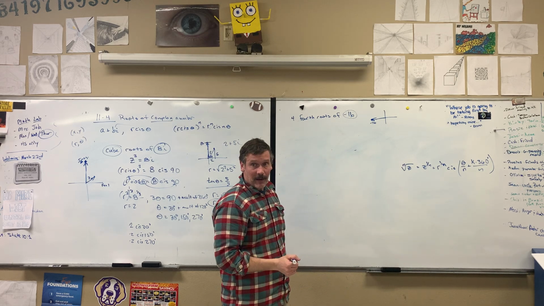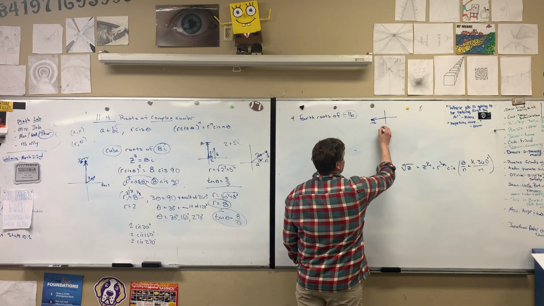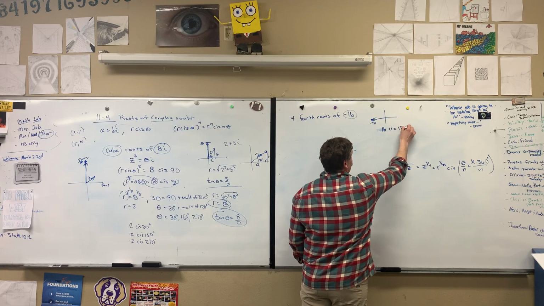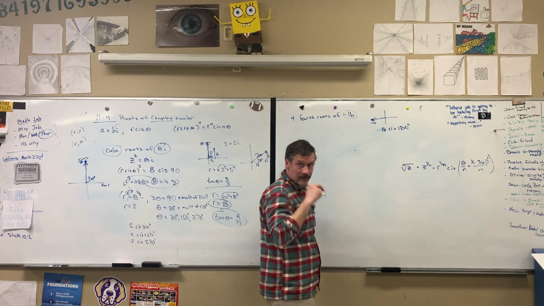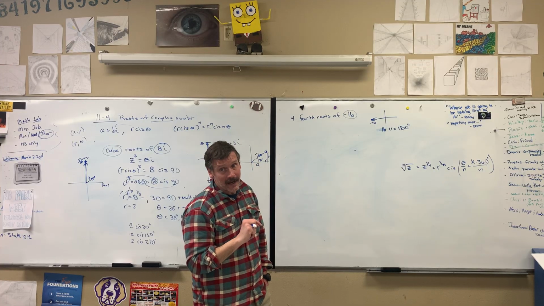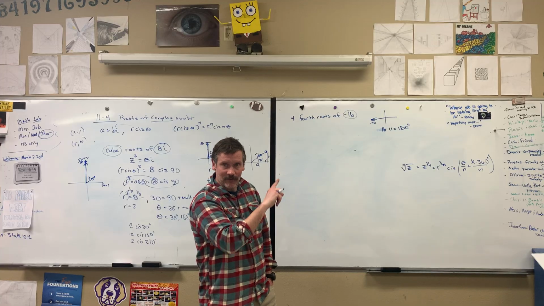So if you thought about that in cis format, what is that? It would actually be 16 cis 180, because the cosine of 180 is negative 1, and that would be 16 times negative 1, giving you the negative 16.